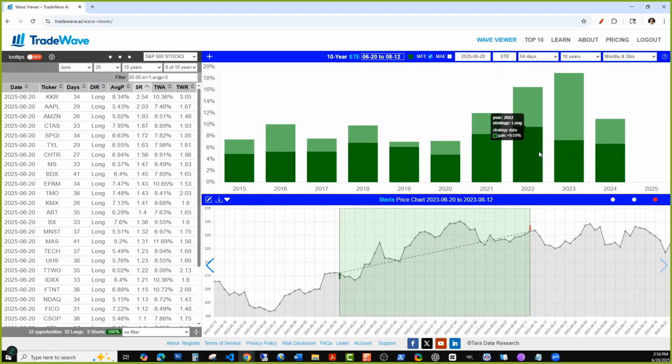So Sharpe Ratio is calculated based on this dark green part. TWWR is a Sharpe Ratio calculated based on dark green and light green added together.